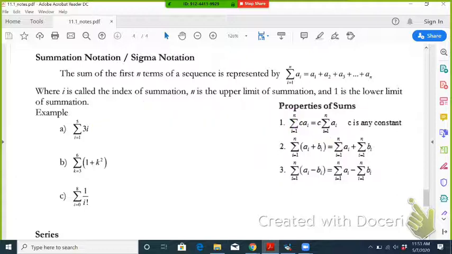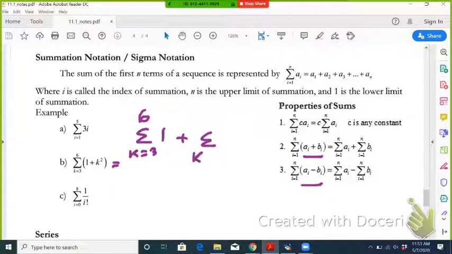And if you have two sums added together or subtracted, you could do it separately. So in this example, if we apply that rule, we can do the sum of 1 from 3 to 6 plus the sum of k squared from 3 to 6.